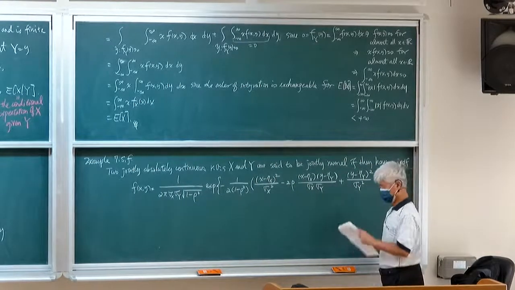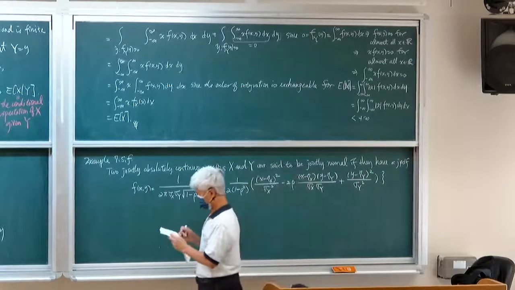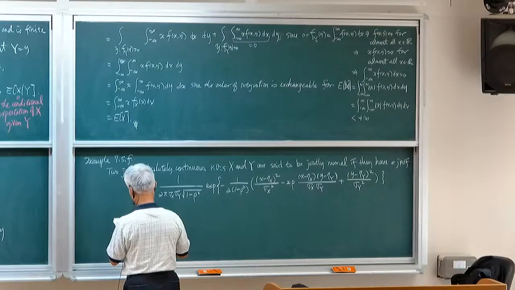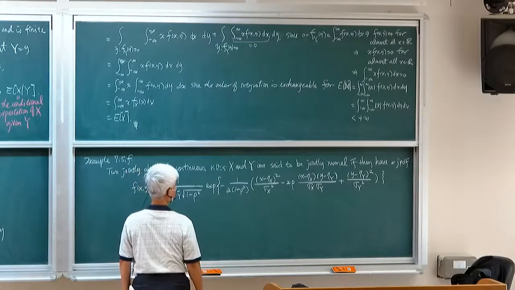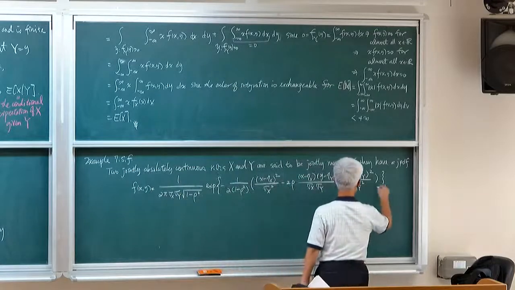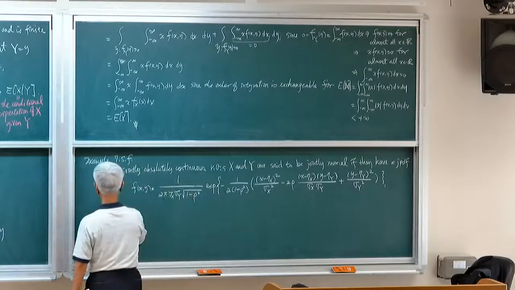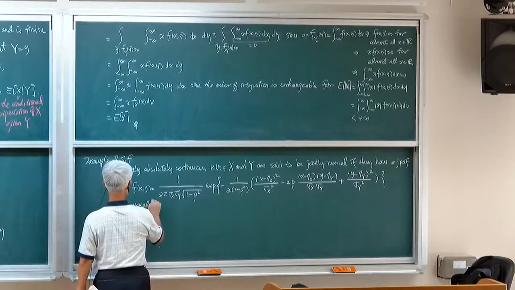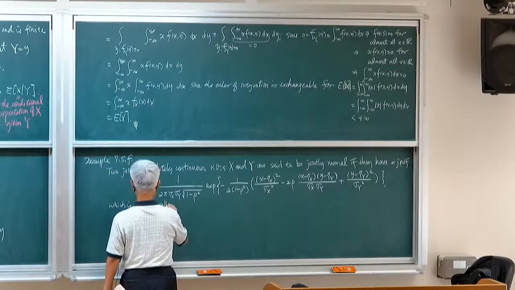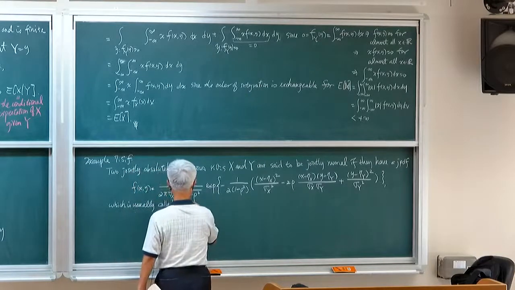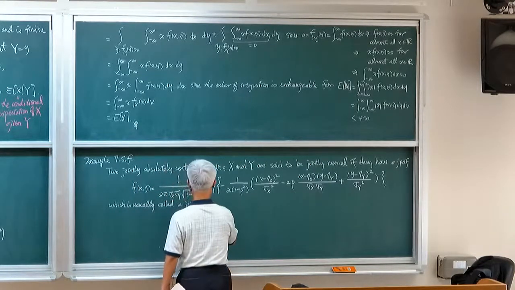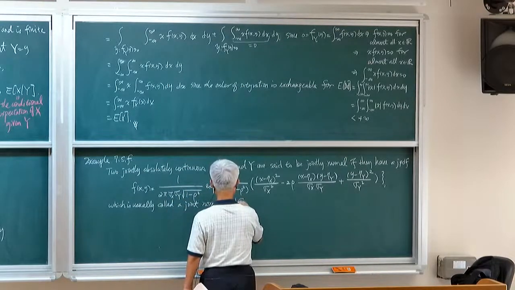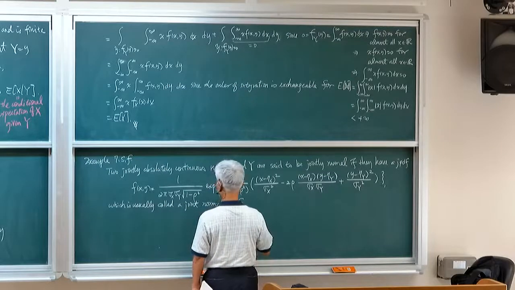Okay. This joint PDF is usually called a joint normal probability density function. Okay?